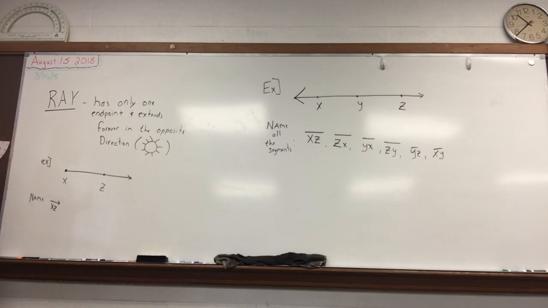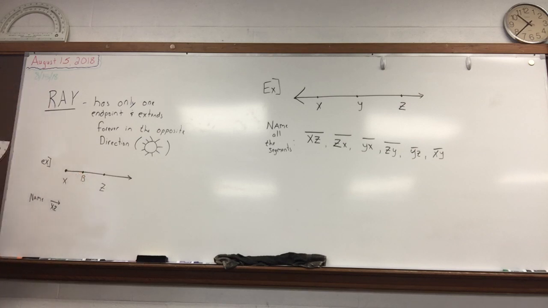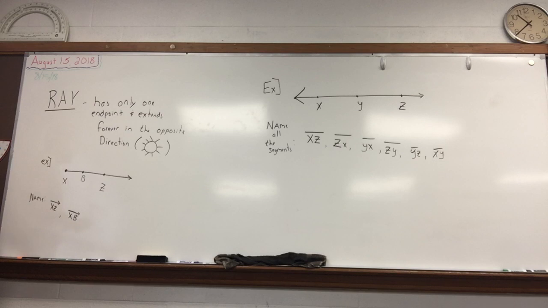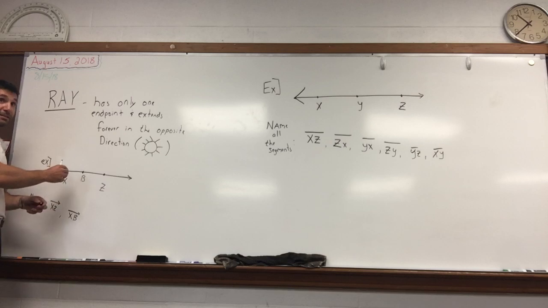Now, I'm going to confuse you a little bit. I could also name this Ray XB. Why? If I stop at X and I go to B, but that arrow tells me it does what? Addie?